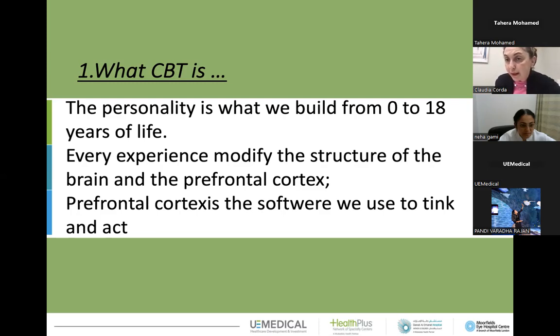Every experience from 0 to 18 years, negative, positive, small, traumatic, makes our prefrontal cortex the way it is and makes our personality trait the way we function normally. We can consider the prefrontal cortex a sort of software that analyzes the input from outside, from the environment, analyzes the information and makes an output, which is what we think and what we do.